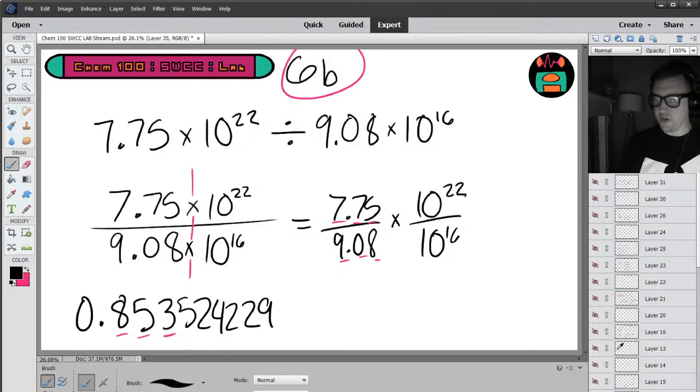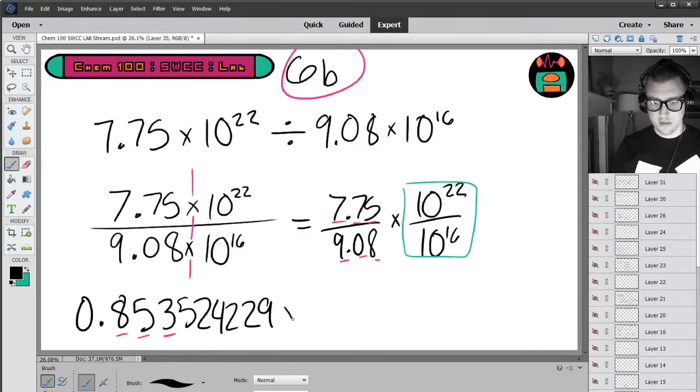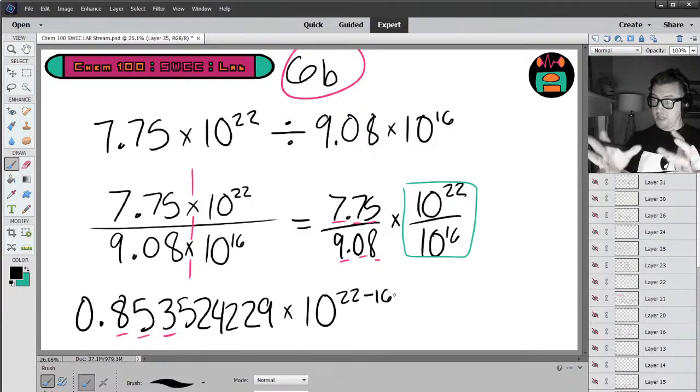And now when you look at 10 to the 22nd divided by 10 to the 16, that is literally equal to 10 to the 22nd minus 16, right? When you multiply 10 to the power of whatever times another 10 with an exponent, you add those exponents, so when you divide, you subtract, just like you were asking, Loretta.